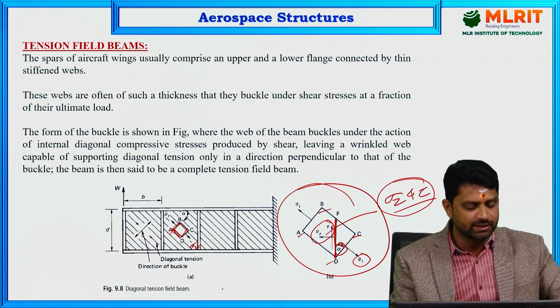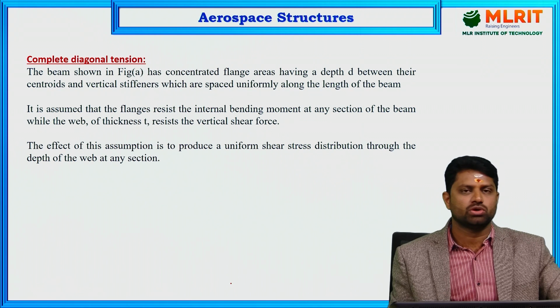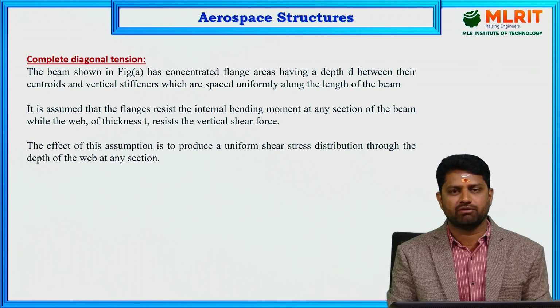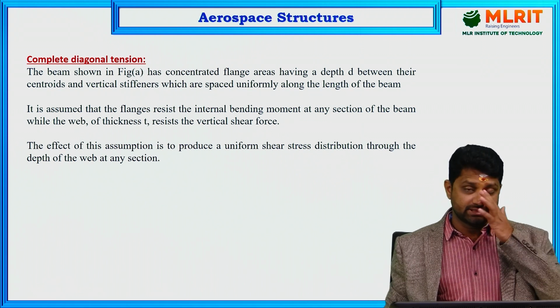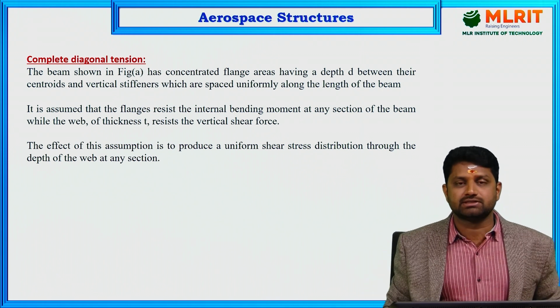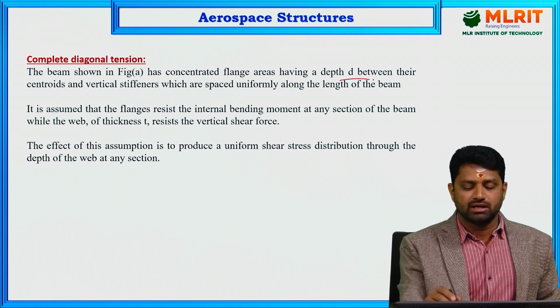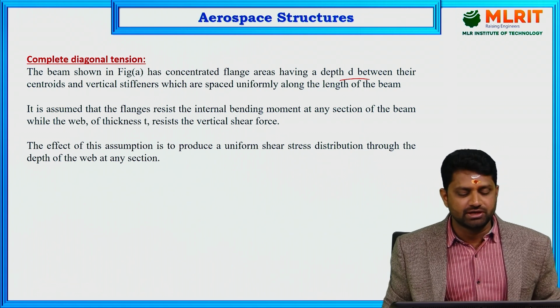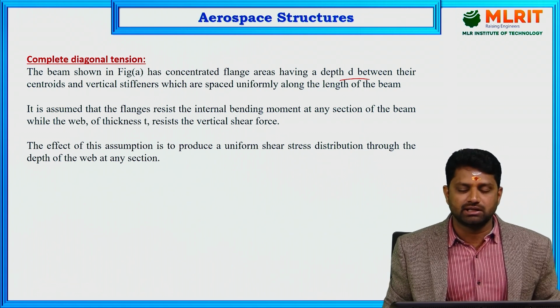Now, the complete tension field beam. We have seen the beam connected by two flanges, one upper flange and one lower flange, which are again connected by a thin web. These flanges have a depth d between their centroids, and the vertical stiffeners are usually spaced uniformly along the length of the beam.